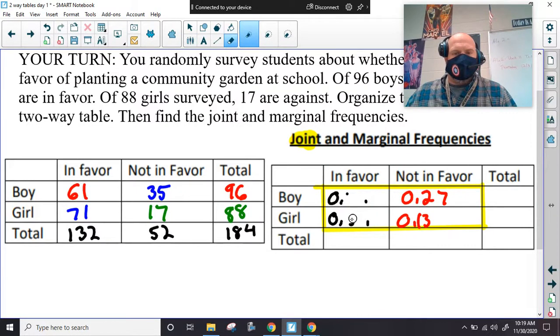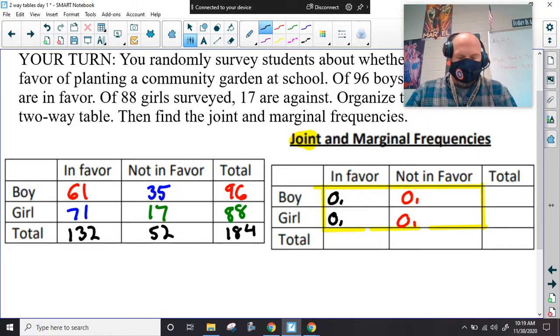Need to be dividing by something else. I've been on holiday break. I haven't had to take my special vitamins that keep me focused. It's got to divide by 184. All right, that's better.